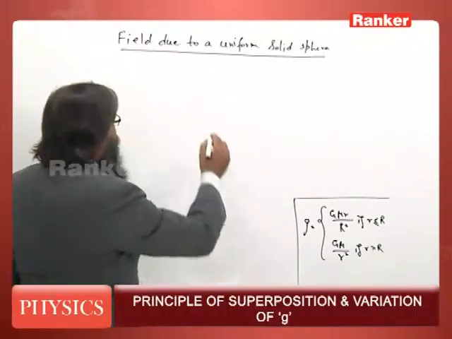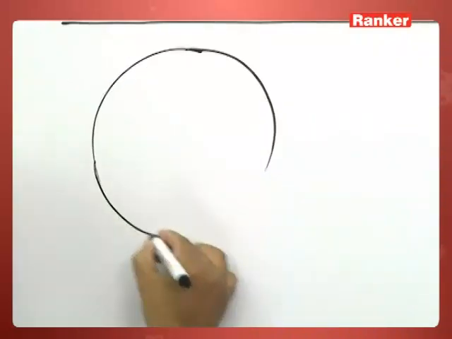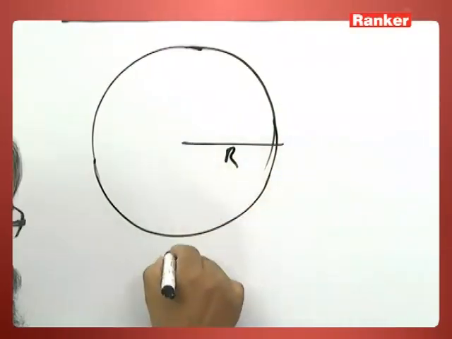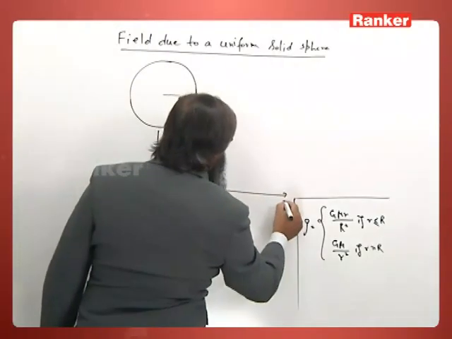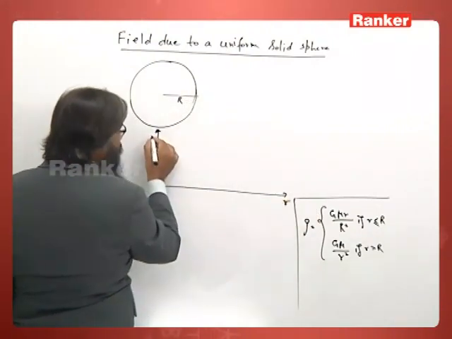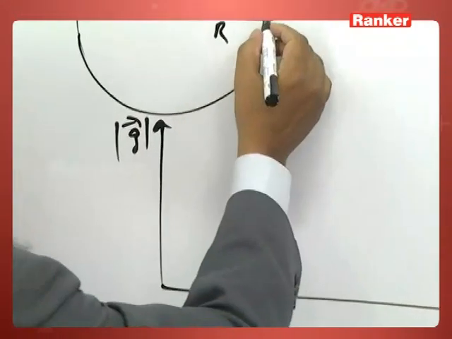Now, let us see in graphical form how to represent this function. So, this is my mass of radius R. Here r is plotted along the x axis, and here we plot g, the magnitude of the g vector. G is a vector quantity.